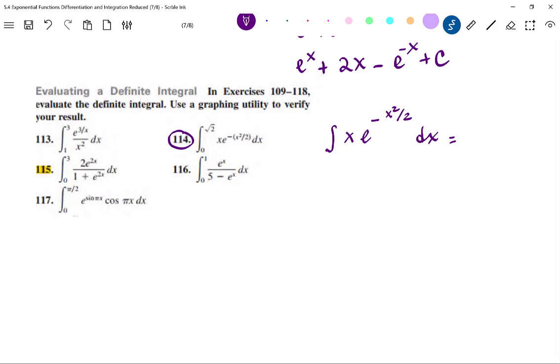So make sure that you don't put any boundaries. Use u substitution. Let u be equal to e to the negative x squared over 2.